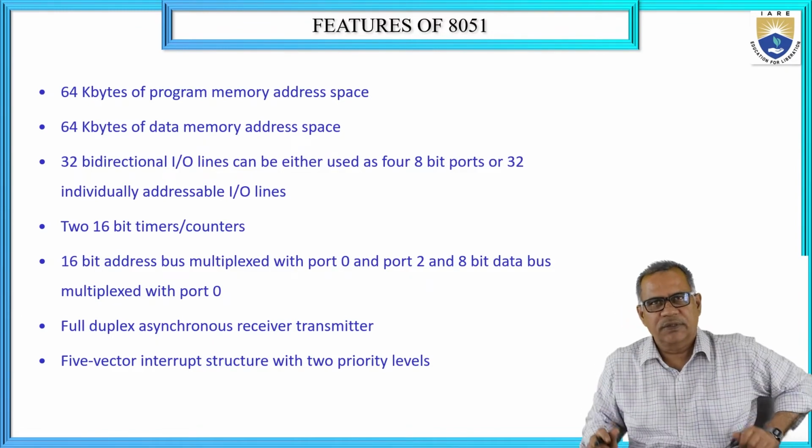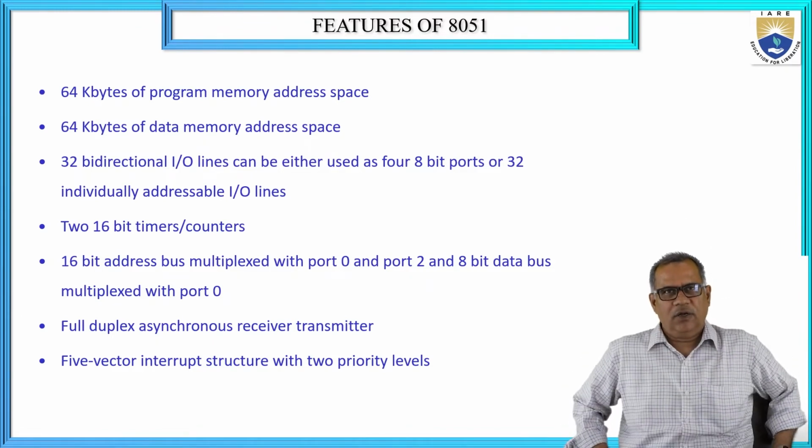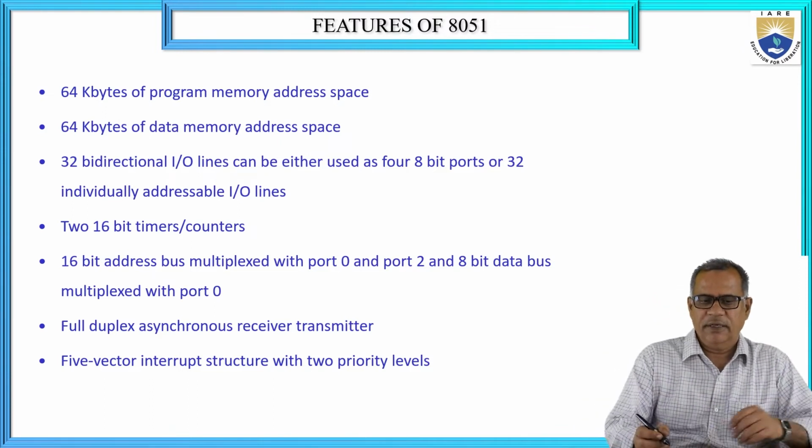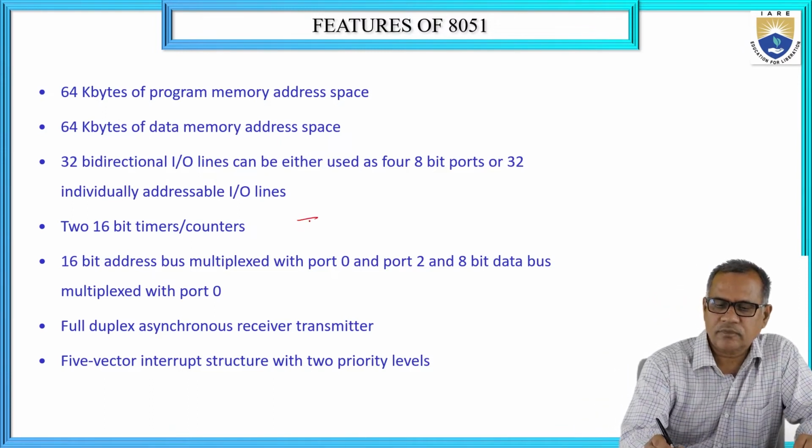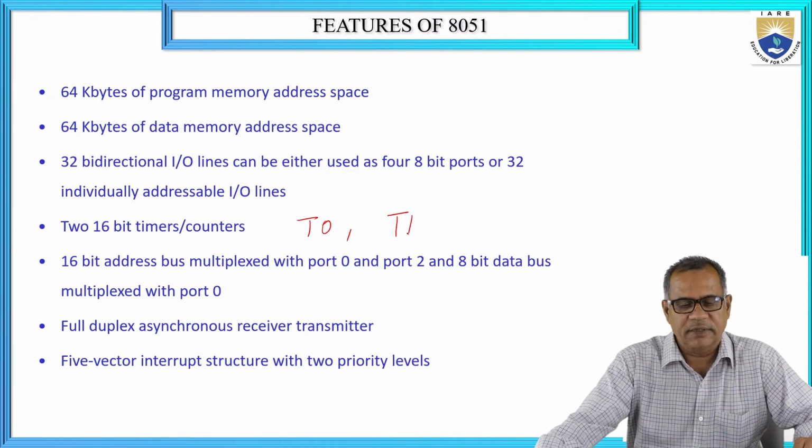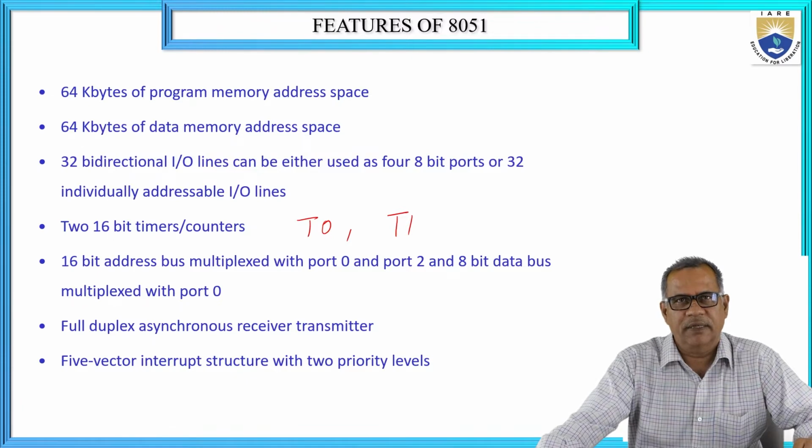It has two 16-bit timers or counters, namely T0 and T1. It has a 16-bit address bus multiplexed with port 0 and port 2, and an 8-bit data bus multiplexed with port 0.